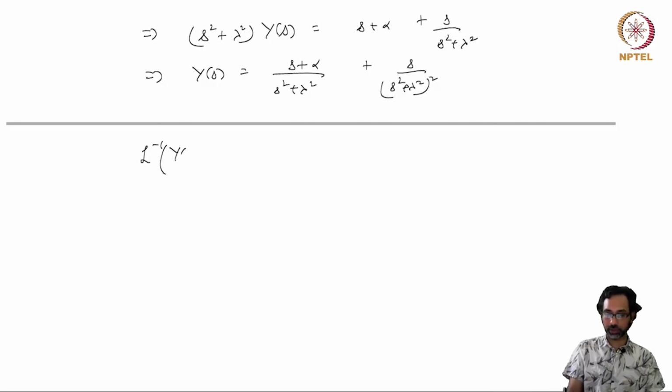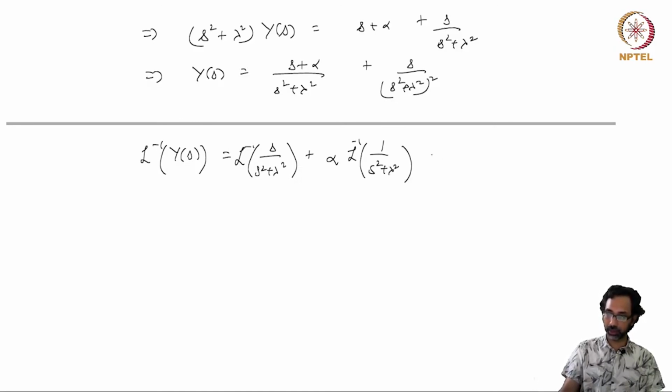So the inverse Laplace transform for Y(s): the first term is s by s square plus lambda square. The second term is alpha times the inverse Laplace transform of 1 over s square plus lambda square, and the third term is the inverse Laplace transform of s over (s square plus lambda square) whole squared.